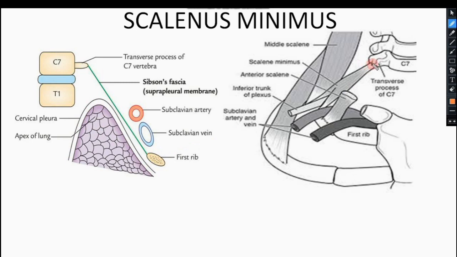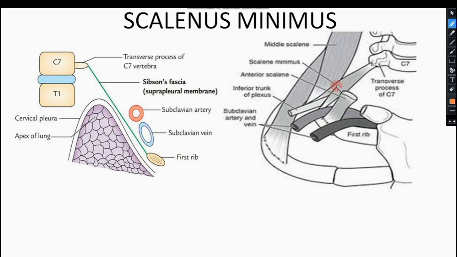So this scalenus minimus we see here. It attaches at the transverse process of C7, and the fibers of this scalenus minimus run downward laterally, and the fibers split and enclose the inferior trunk of the brachial plexus.